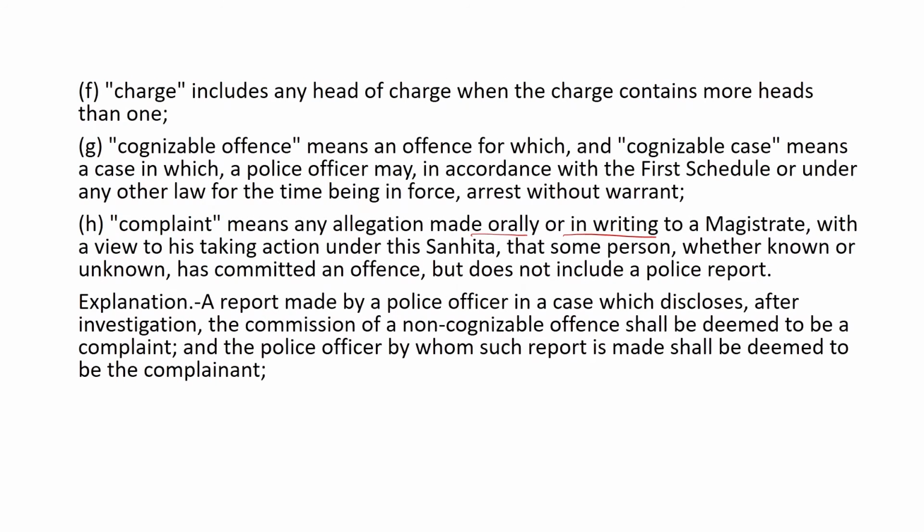Sometimes we know who has committed the offence, sometimes we know just that an offence has been committed, but we do not know who the offender is. But that does not mean we will not make a complaint to the magistrate. If you know that a crime has been committed, you are supposed to give the information irrespective of whether you are aware of the identity of the offender or not. So, you can file information, and you can also submit a complaint before the magistrate.